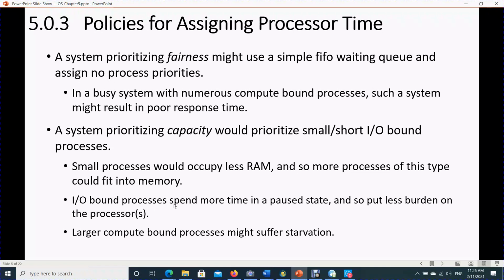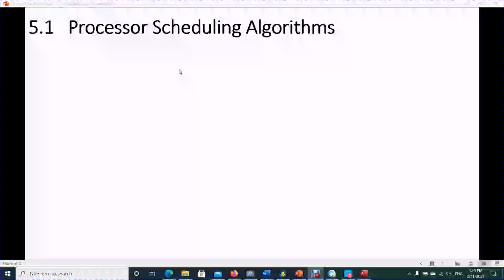I/O-bound processes spend much of their time in a paused state, so they don't put any particular burden on processors while they're paused. In this kind of a system, larger processes, compute-bound processes, might very well suffer starvation.